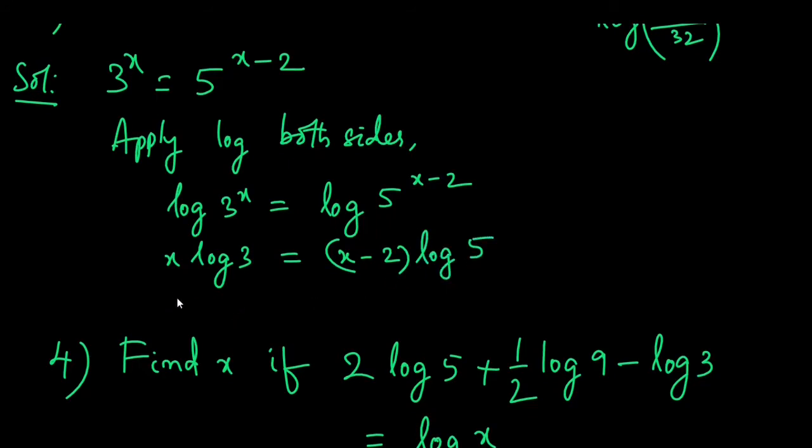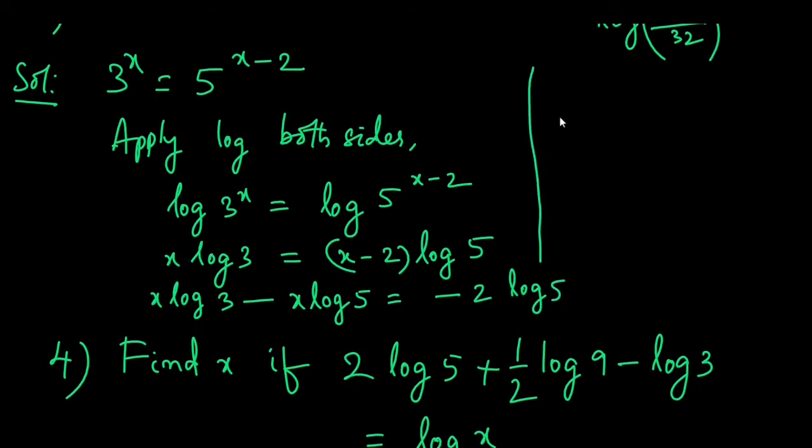So what do we get? x log 3. Here again we have x into log 5. When taken this side, this becomes minus x into log 5 is equal to minus 2 log 5.